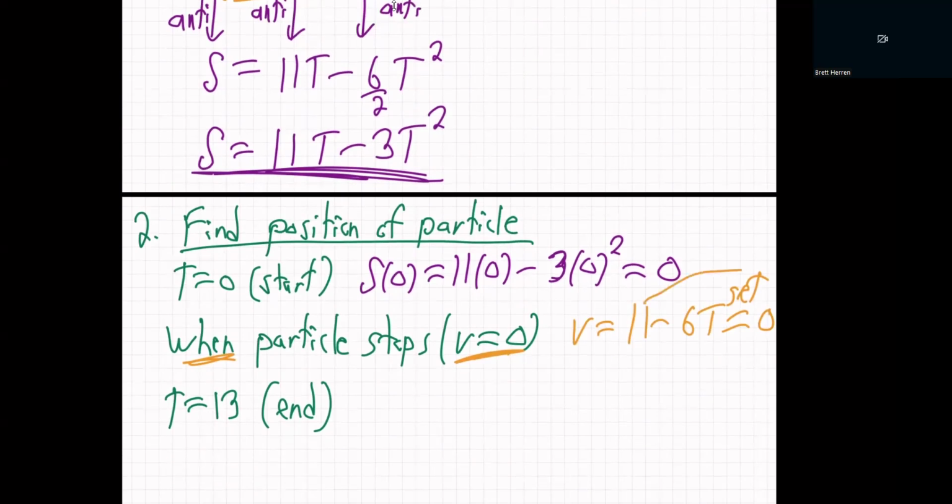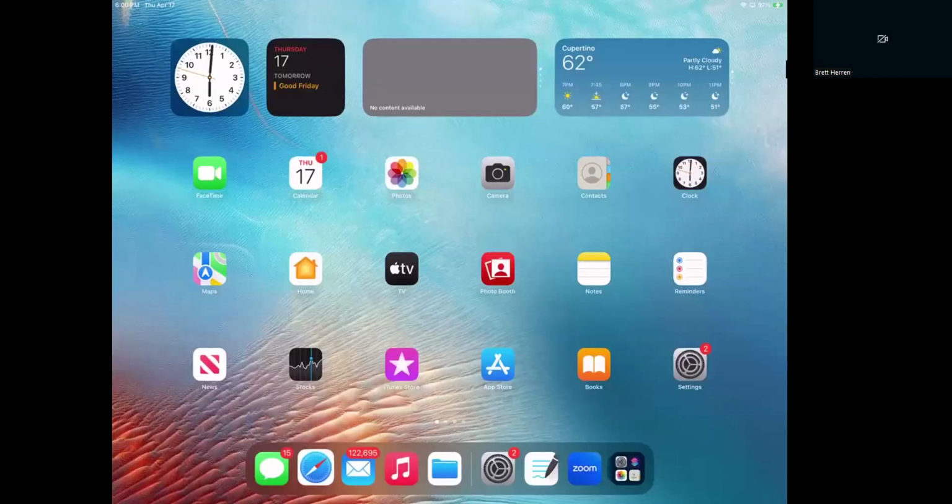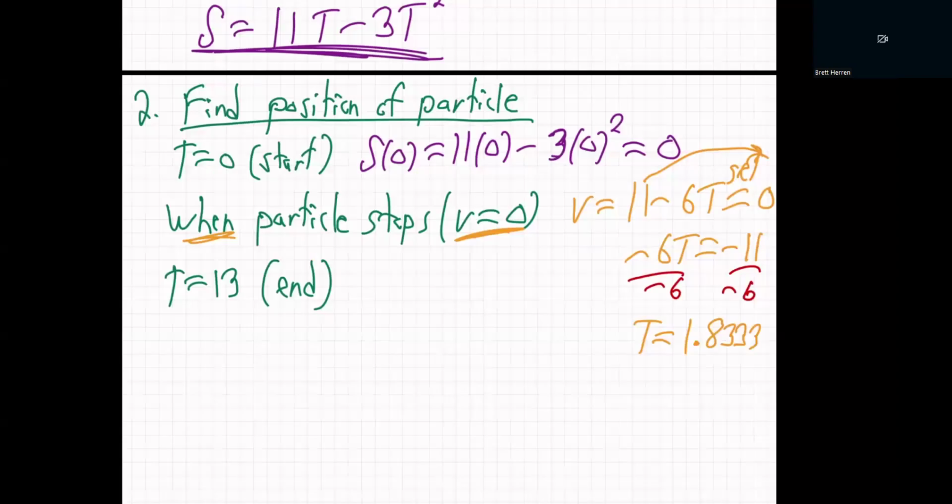If I move the 11 to the other side, I get minus 6t equals minus 11, and then divide by minus 6. We get t equals 11 divided by 6. Let's go to Desmos: 11 over 6 is 1.8333. So that's when the particle stops.